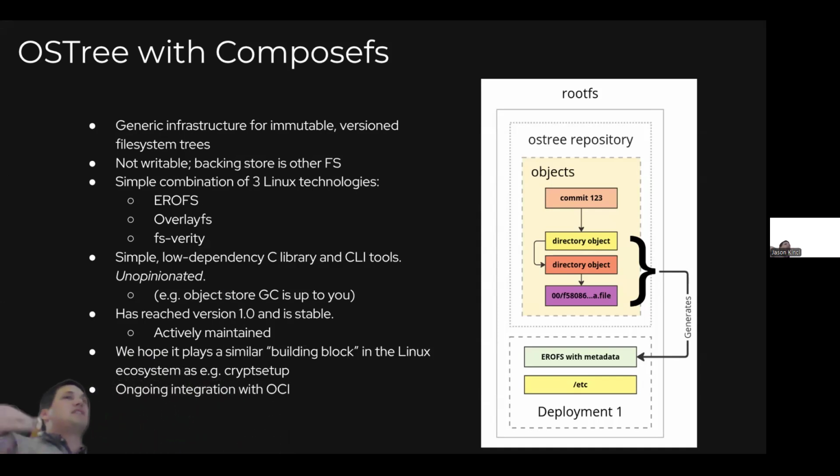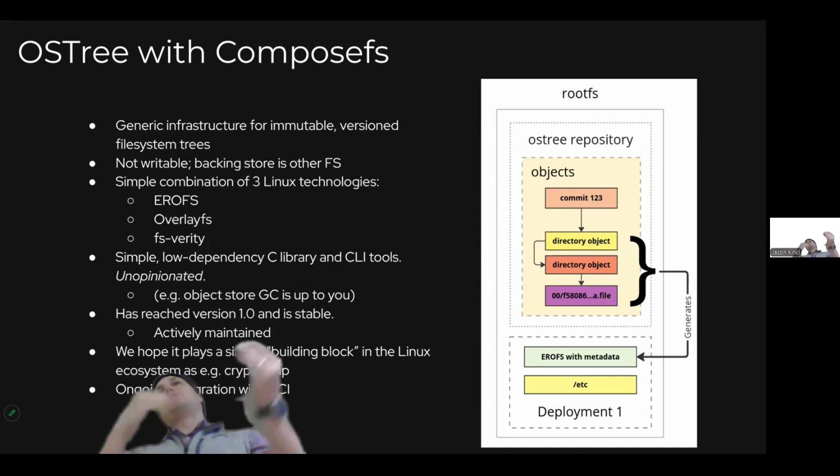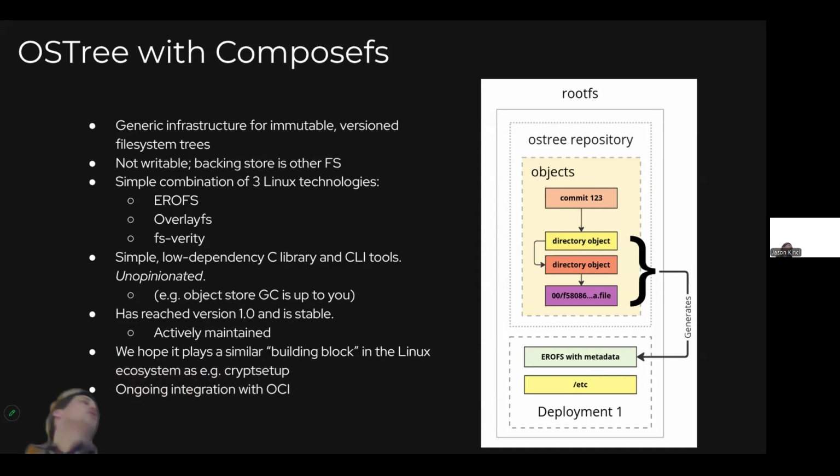And then we use fs-verity to do real-time cryptographic signature checking of the file system as access happens. So we can detect any changes in the underlying file system immediately, while also allowing for deduplication.